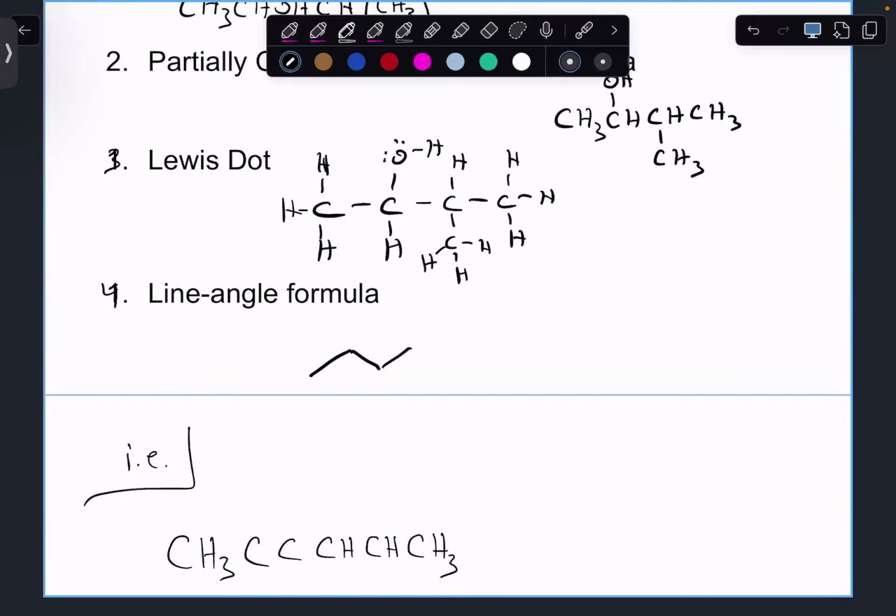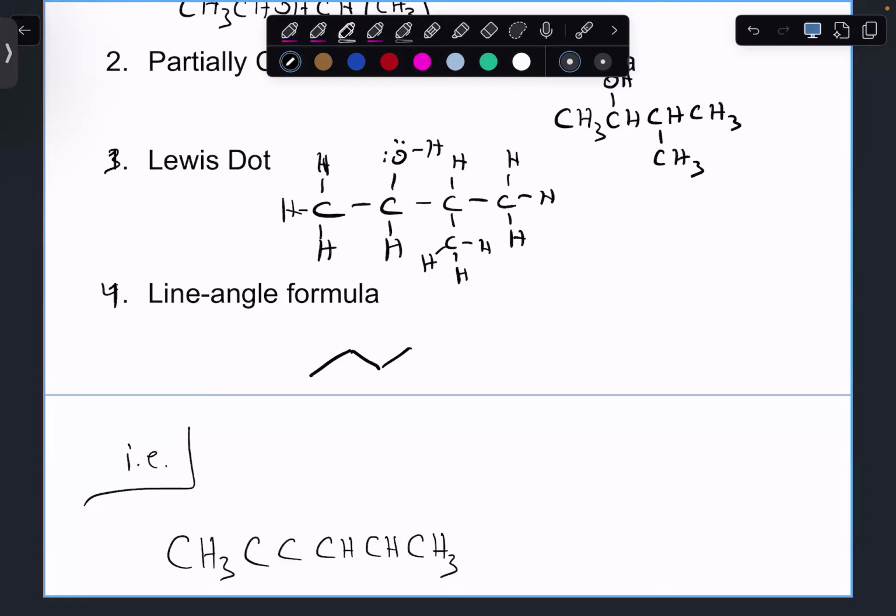Now, we're not done, because we certainly have in this molecule more than just 4 carbons bonded together. Okay, we have those branch points. Specifically, you have an OH group off of carbon number 2, and then you have the methyl, or this CH3 group off of carbon number 3.